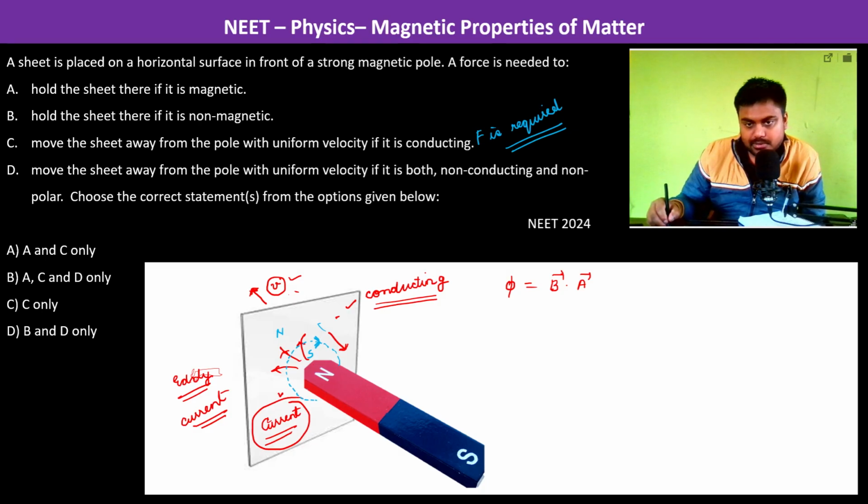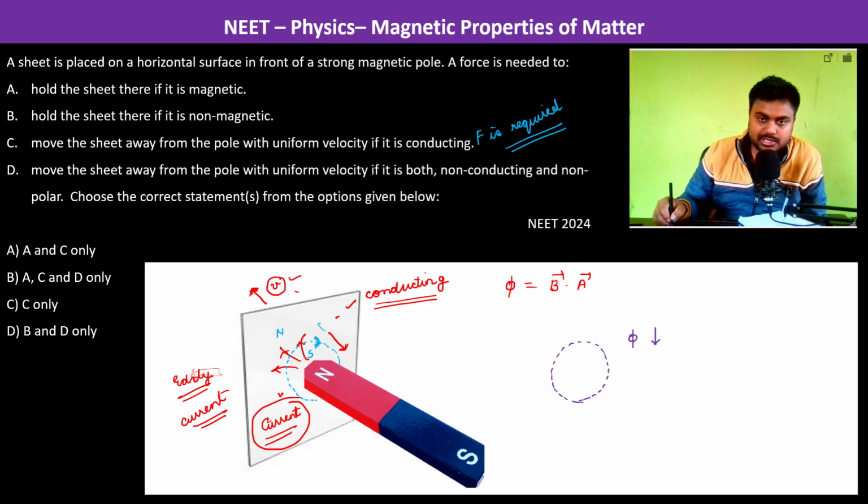Okay, we can understand it a little bit more in detail. You see here what is happening. Okay, the phi is decreasing because it's going away. So since it is going away, phi is decreasing, so therefore the current will be induced. So I induced will be in this direction, so that the magnetic field is in this direction.